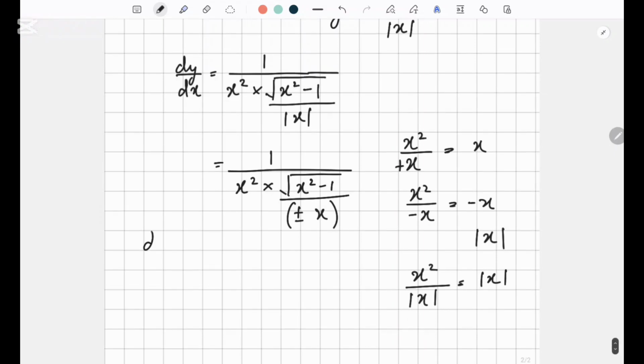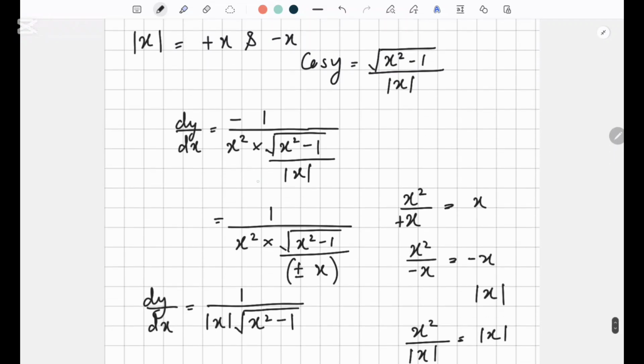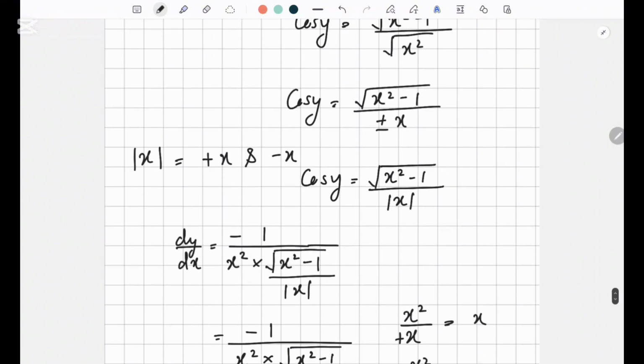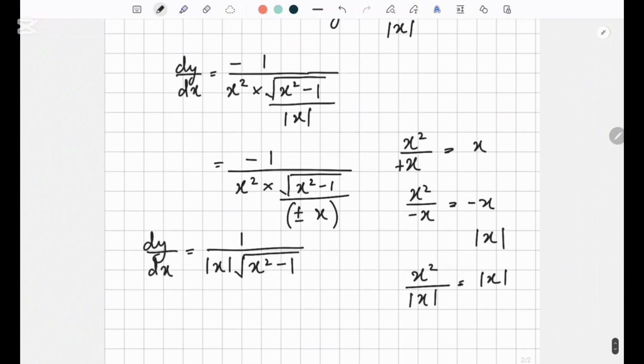So therefore, you can leave your answer as dy over dx equals 1 over modulus x root x squared minus 1. And there was a minus, right? I forgot that. In dy over dx there was minus 1 over here. So this is minus. That is your final answer.